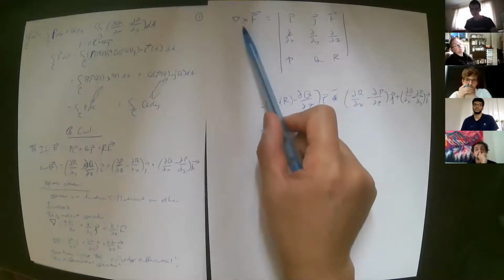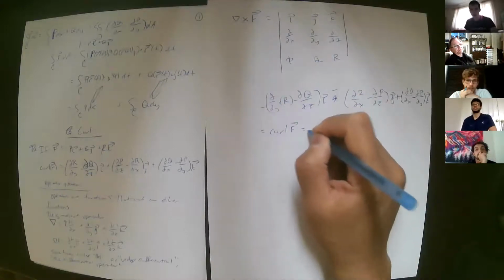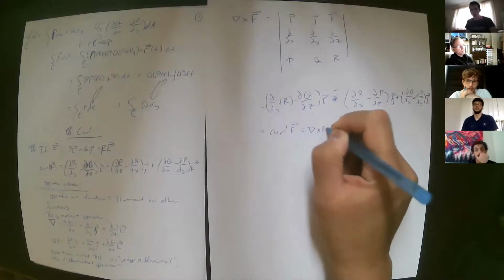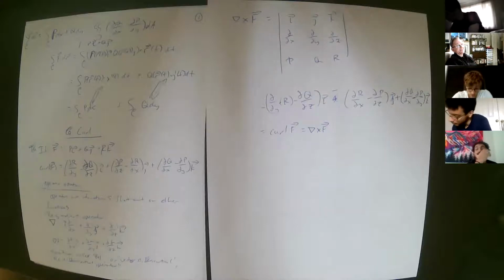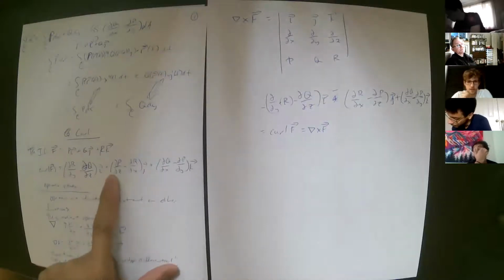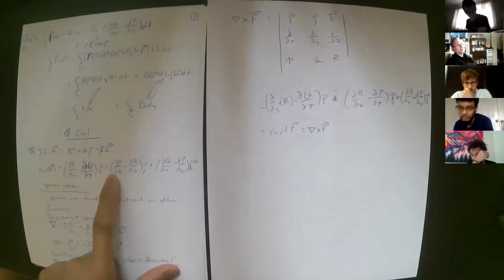Curl of f is the gradient operator across the vector field. So if you're ever asked to compute the curl, which you will be, you can either remember this formula, which you'll probably forget because I forget it all the time. I just did this like 10 minutes ago and forgot.